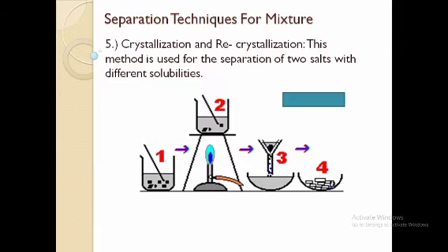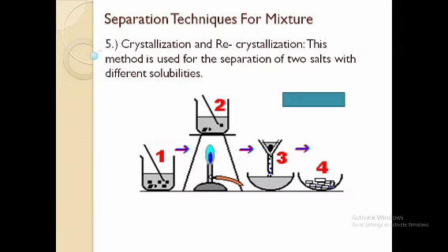Now let's look at crystallization and recrystallization. This method is used for separating two salts with different solubilities. It is also used for the purification of a soluble salt that contains insoluble solid impurities. Pure crystals must be obtained from a soluble solid which contains impurities by recrystallization.